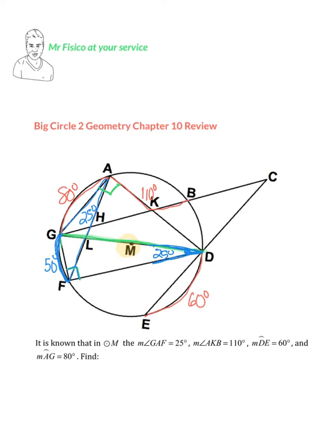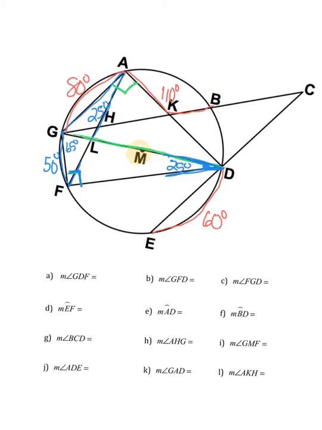But since this is 90 degrees, 90 minus 25 is equal to 65 degrees. Hence, angle FGD is 65 degrees. Now we are ready to answer the questions.